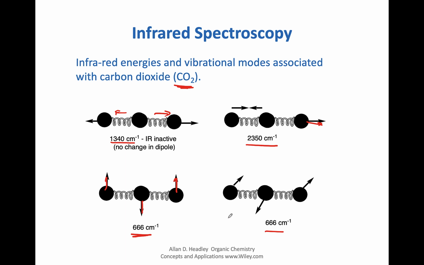So what is expected if you expose carbon dioxide to infrared energy from the electromagnetic spectrum? What you'd expect to see is a signal for each vibrational mode, or something happens at these different points here. So let us look at the actual spectrum.